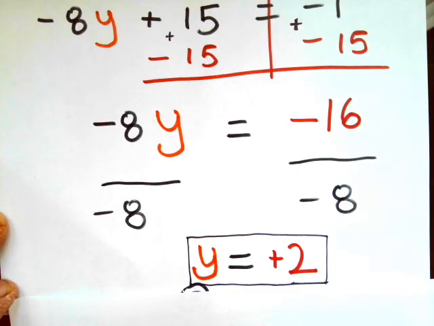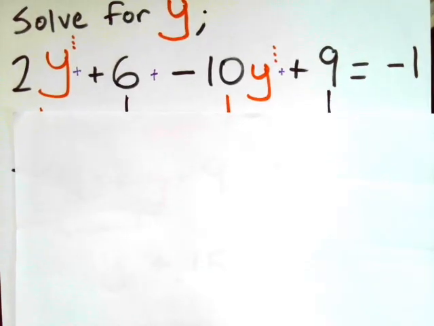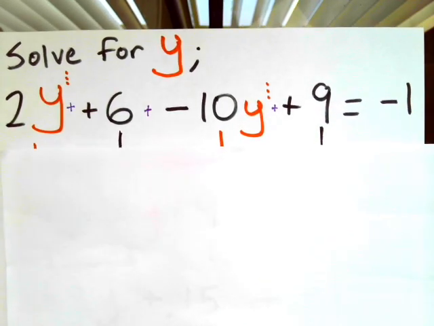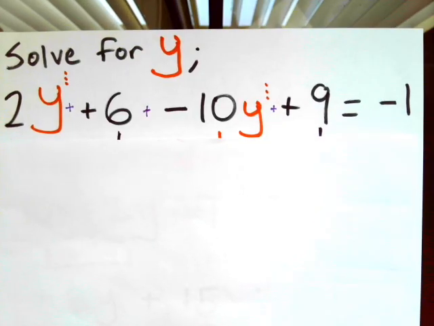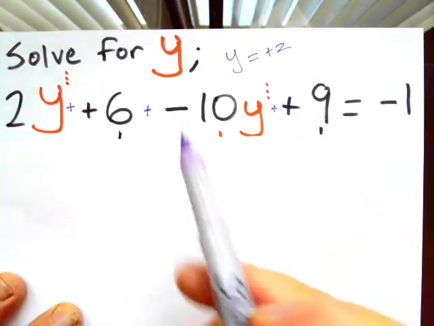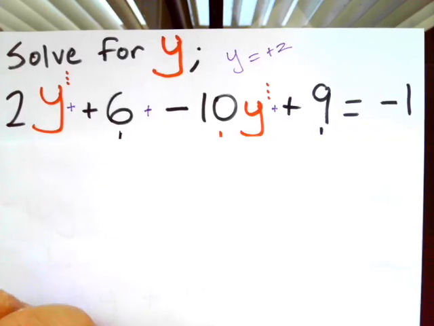So I'm going to take that y equals positive 2, and I'm going to bring it up here to the original problem, and I am going to check my answer. Everywhere you see y, you're going to want to substitute that positive 2.